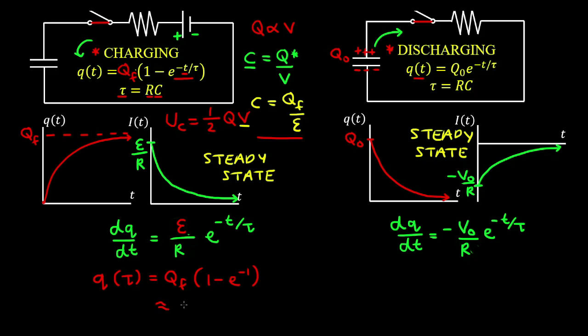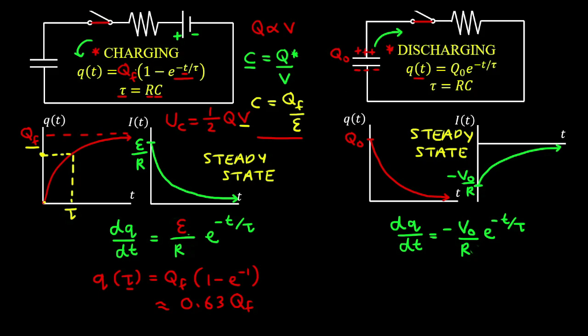So that's approximately equal to 0.63 of the final charge. So the time constant tau represents the time required for the capacitor's charge to increase from 0 to approximately 63% of its asymptotic value.